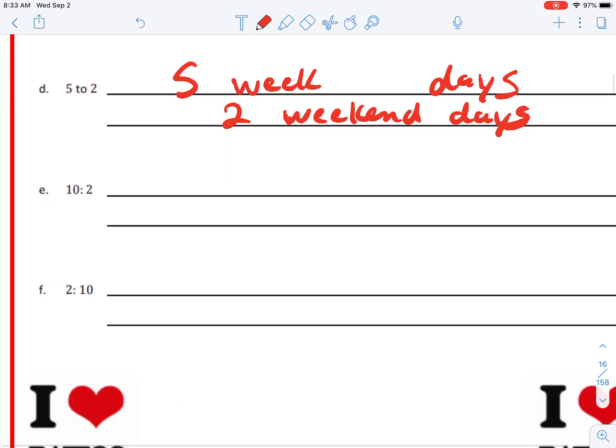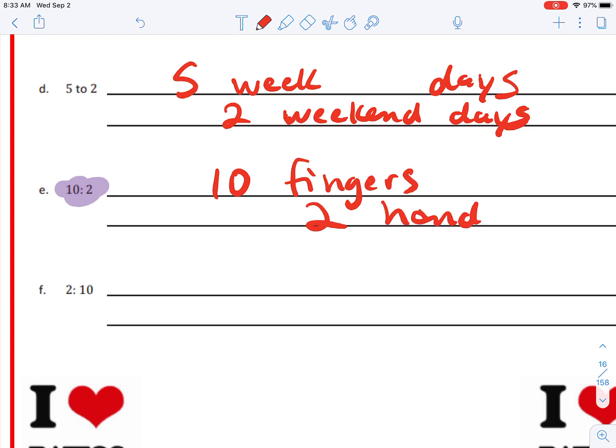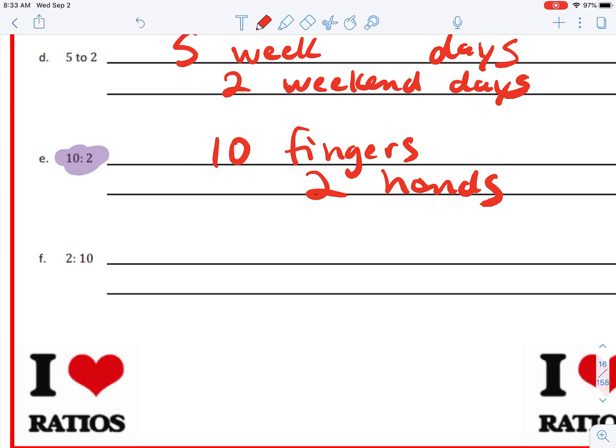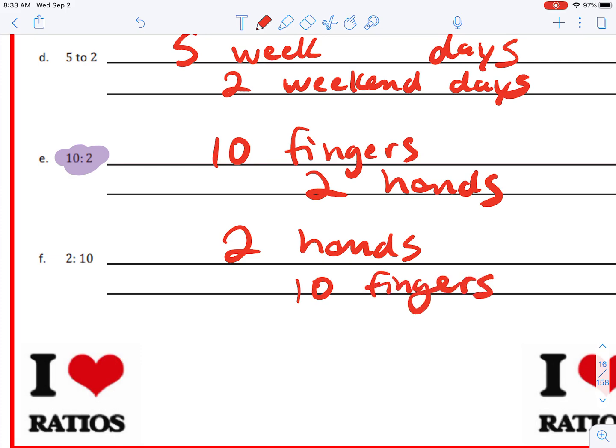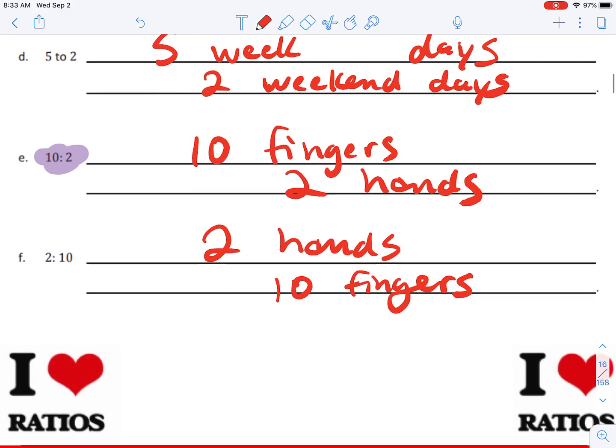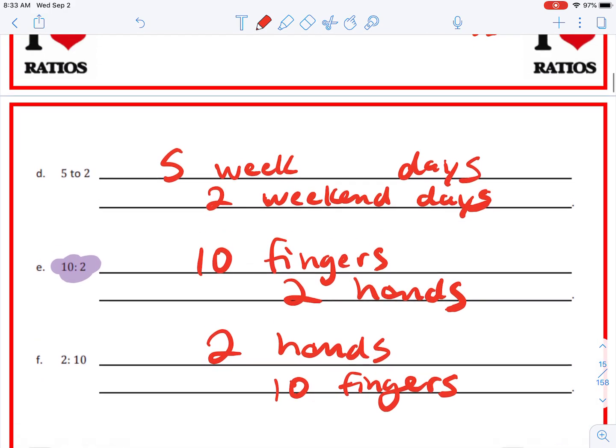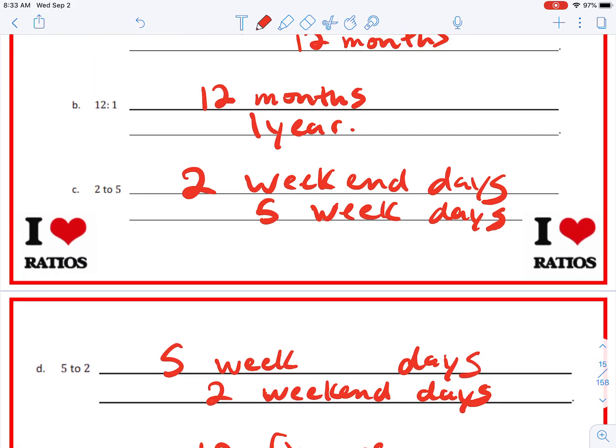All right. And then now let's look at 10 to 2. Okay, a very good one for this is for every 10 fingers, you have 2 hands. And then the next one, 2 to 10, for every 2 hands, you have 10 fingers. Okay? So looking at these examples, we see that the ratios just flip.